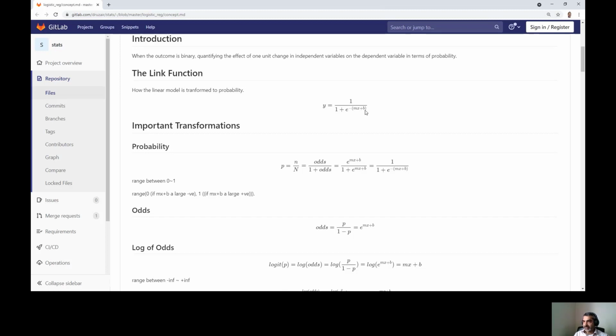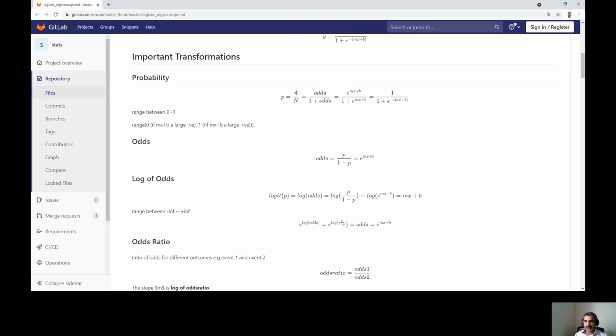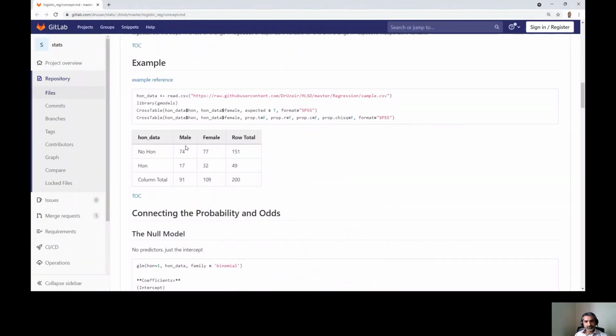We want to start with nominal variables. For nominal variables, the probability for an event of interest is the number of data points for that event divided by the total number of data points, right? For example, in this example data set, we have two variables, male and female, and the students in the honors program or non-honors program.